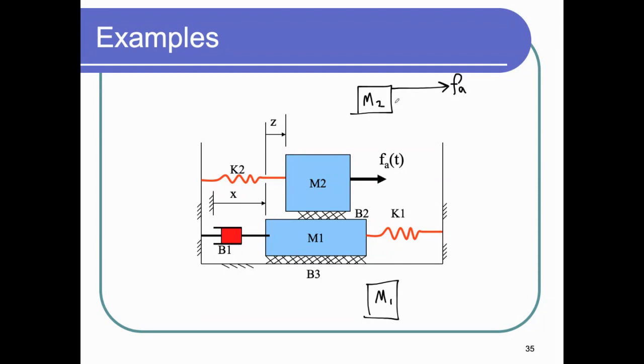You can still make one object and find a free body diagram for it, but I think that will not be a comprehensive case. Okay, thank you. No problem. Okay. So this is M2.